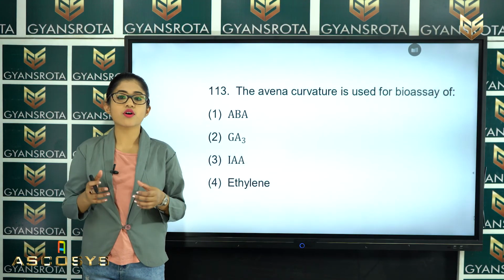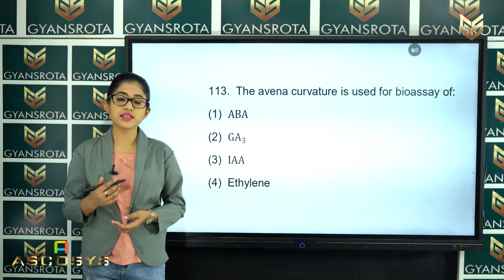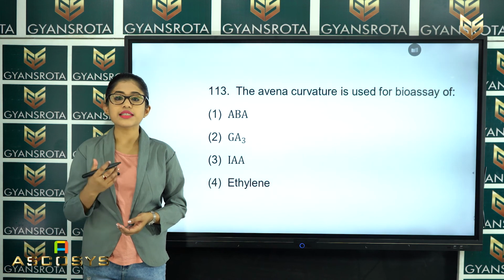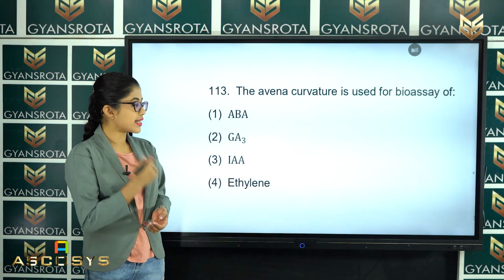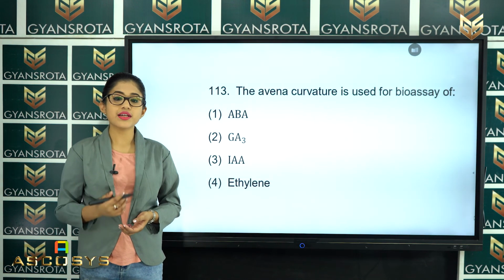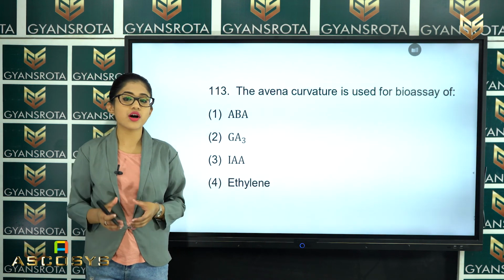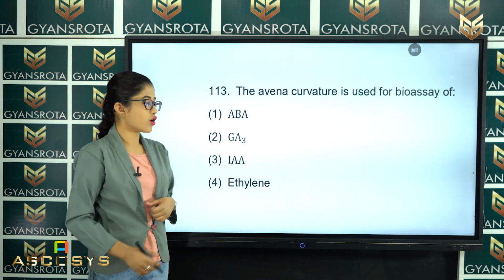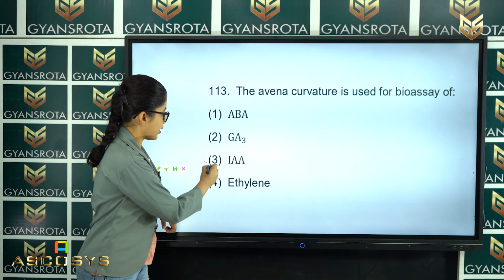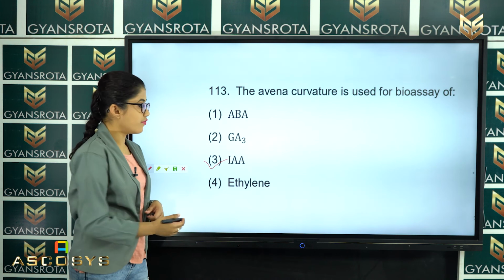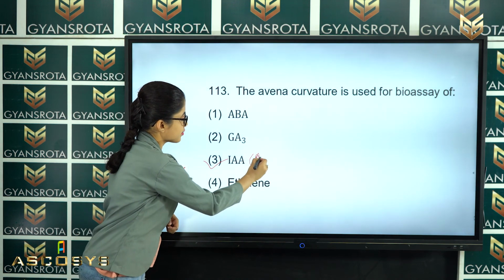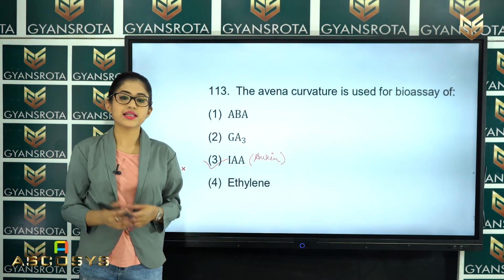So these are all plant hormones that we have discussed in the chapter Plant Growth and Development. So what is the correct answer among these? The Avena curvature test is used for the bioassay of indole acetic acid, which is option number 1, and this is a compound of auxin, right? So this is the correct answer.